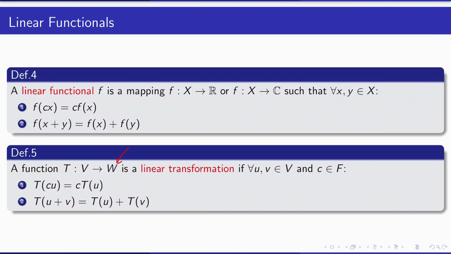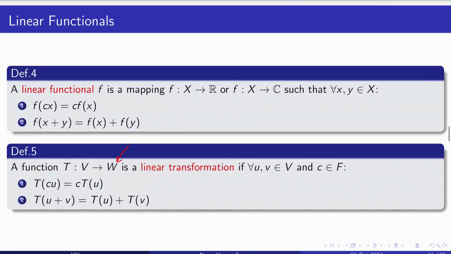A transformation from a vector space V to another vector space W is linear if, for any vectors u and v from the vector space V and any scalar c from a field, the transformation of a scaled vector ends up the same as the scaled transformation. You take the transformation of your u vector and scale it, and it's going to be the same result on both sides.